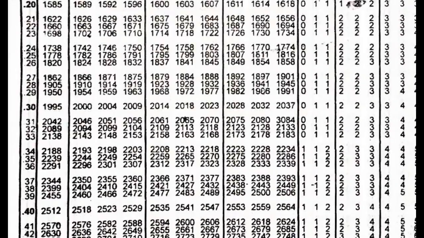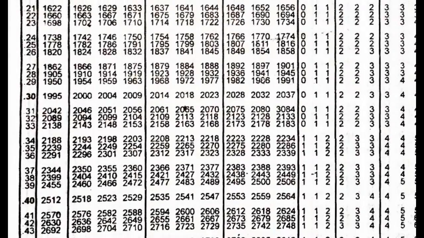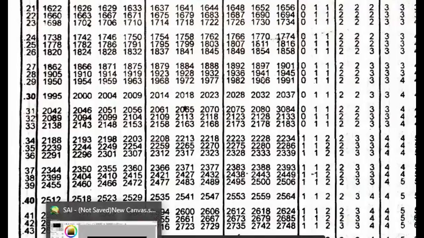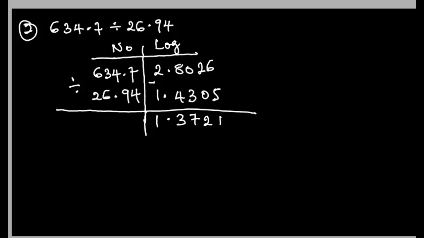As you can see, 0.37 under 2 is 2355. Then the difference of 1 is 21. So when you add these two values, it gives us 2356.